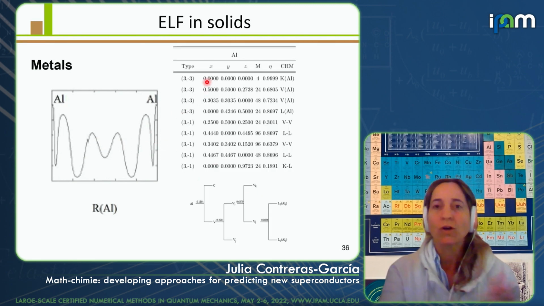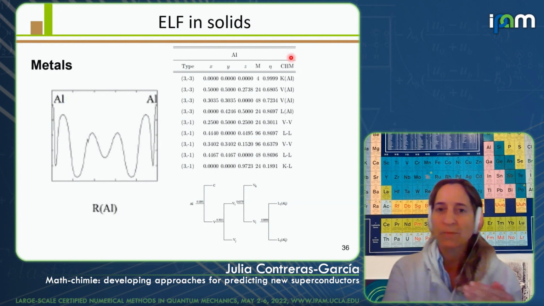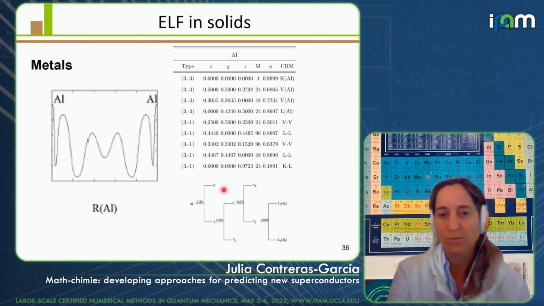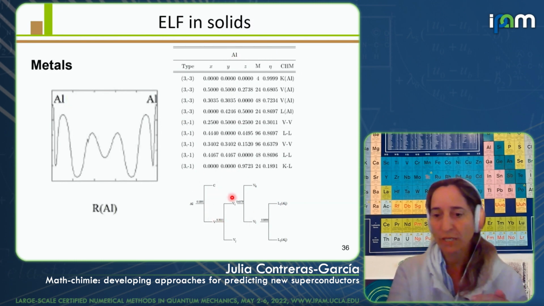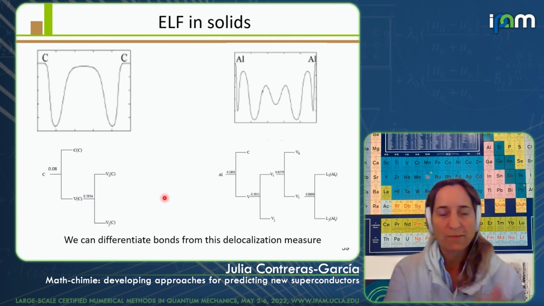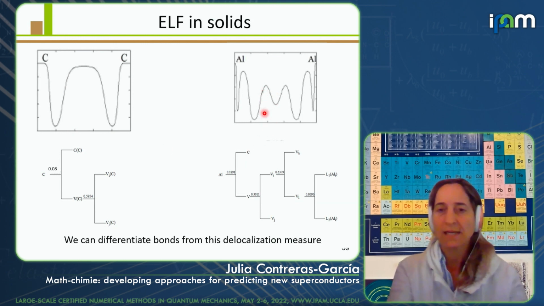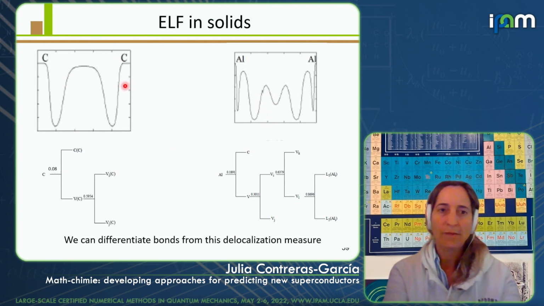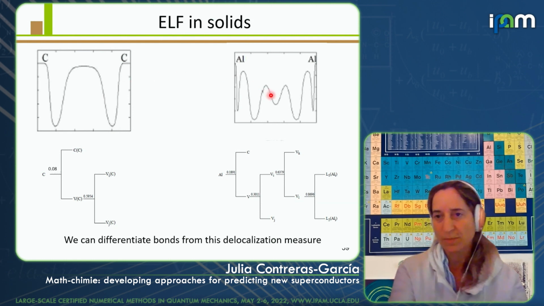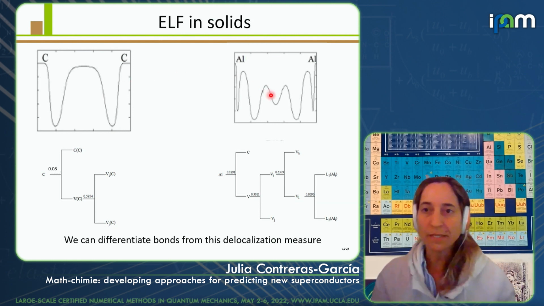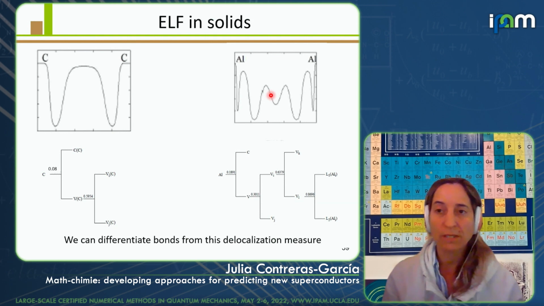And basically, going back to the localization of critical points, we are able to make these bifurcation trees and actually measure this distance over here with respect to this distance, and this will allow us to characterize, for example, a covalent bond with respect to a metallic one. And this is actually extremely useful.